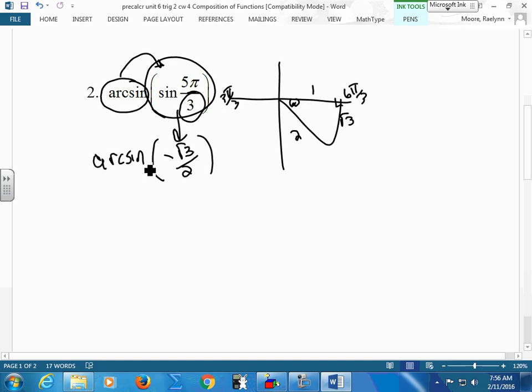I so happen to be in quadrant 4. But how do I name this angle now as a restriction? My domain goes from negative pi over 2 to positive pi over 2. I can't call it 5 pi over 3. This tells me restricted domain.